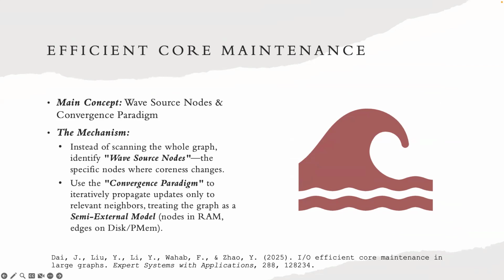Most of the things do not apply to us that much, but this concept, the wave source node, is a bit interesting: for a dynamic graph, we don't need to think about all the nodes in the graph. We have to consider only the wave nodes. If a node is updated, it creates a ripple effect that helps other nodes increase their core numbers.